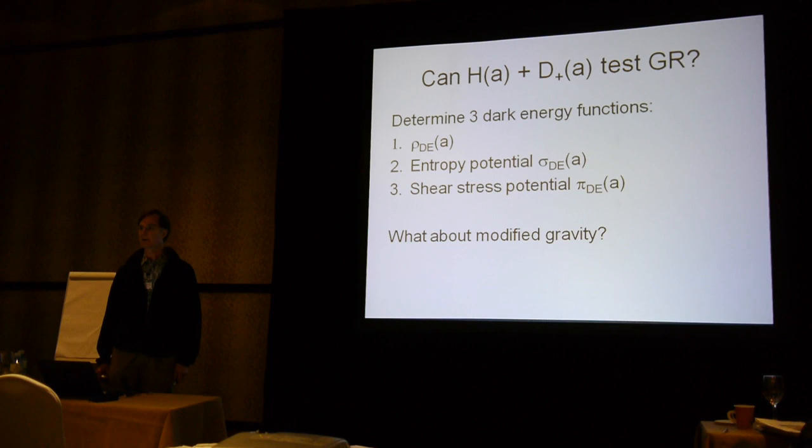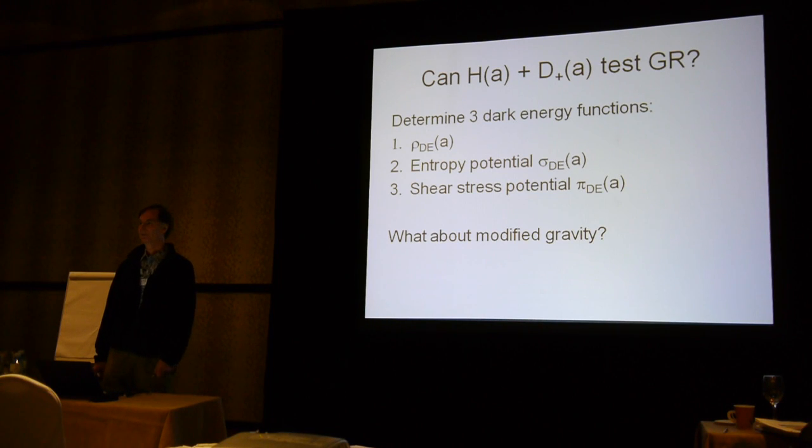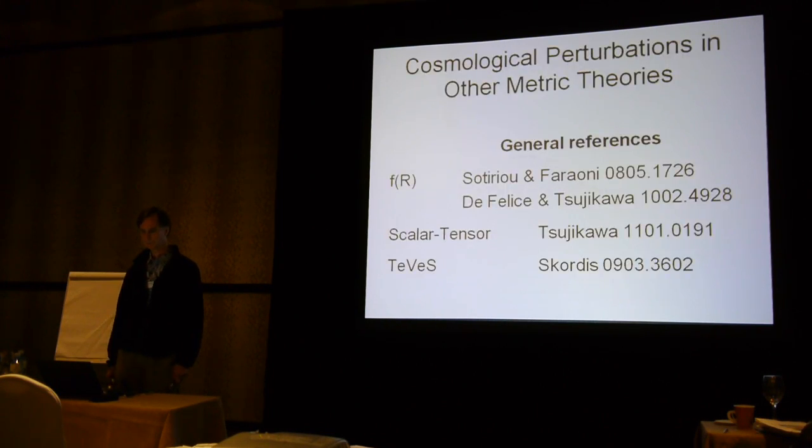In principle, there's not enough information to solve the problem. And just to complicate things further, we also want to consider modifying gravity and ask, how can we then possibly constrain these different possibilities of exotic dark energy or modifying gravity? That's what I'll be talking about a bit in this lecture and more in the third.